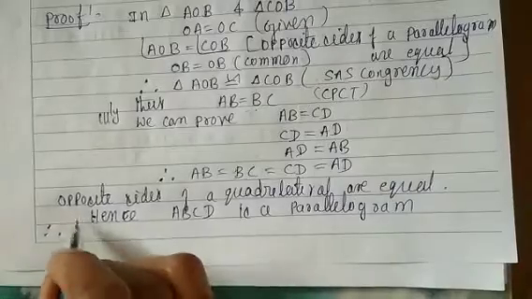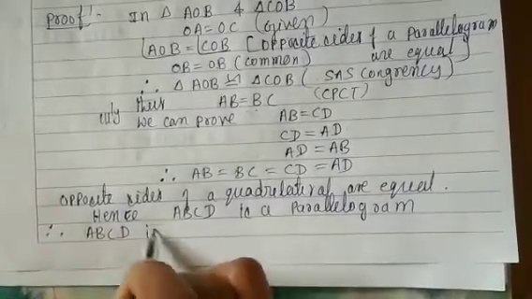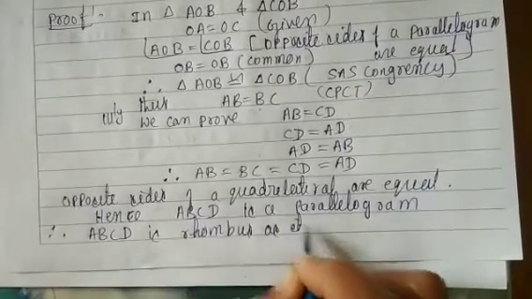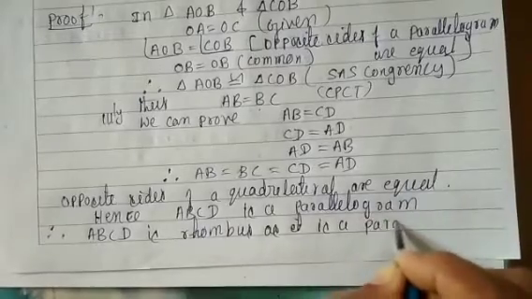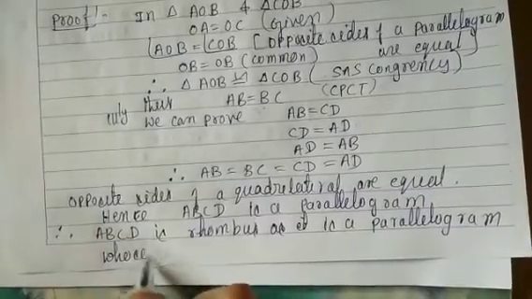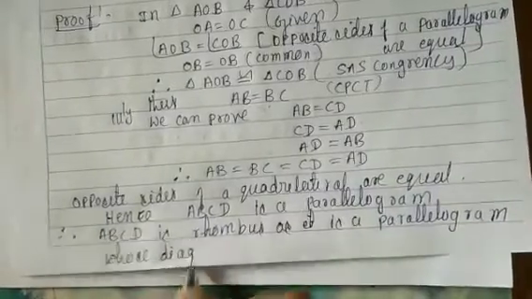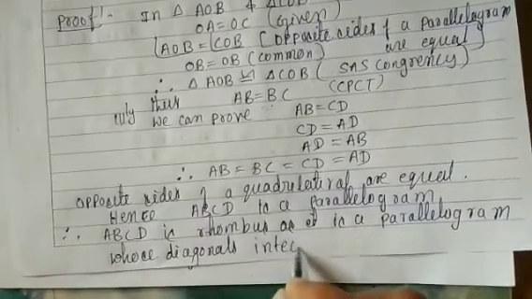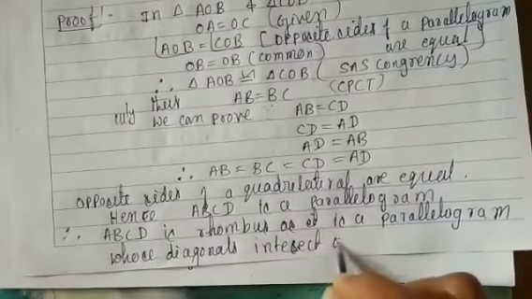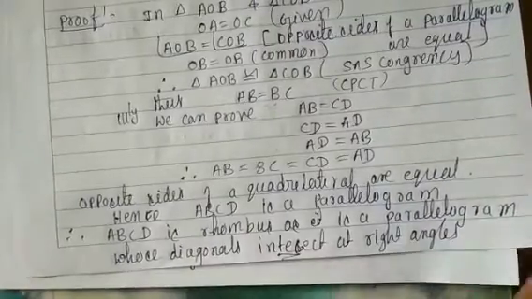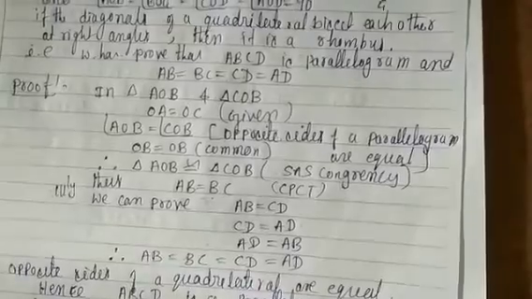Therefore, ABCD is a rhombus, as it is a parallelogram whose diagonals intersect at right angles, hence proved. Once again, this is problem number 3.